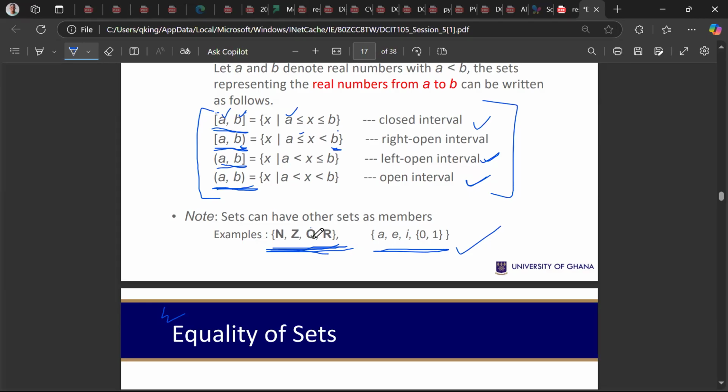Each of these items within the outer set of curly braces is itself a set. And with the second one, which has to do with a, e, i, {0, 1}, this set contains the letters a, e, and i, and also contains the set that contains the numbers 0 and 1, just as seen here.